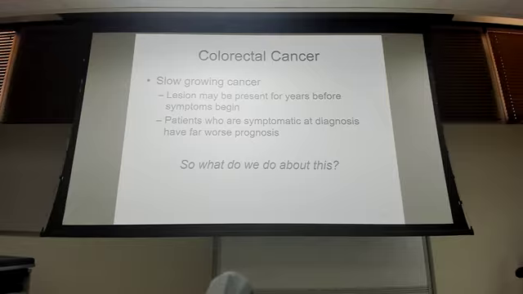Then we can say, oh yes, this is adenomatous and it already has some dysplasia, so we can get the surgeon to remove it early before they start having symptoms. Normally, if you have colorectal cancer and you're having any of the symptoms we discussed, you're already well down the path, usually with a very poor prognosis.